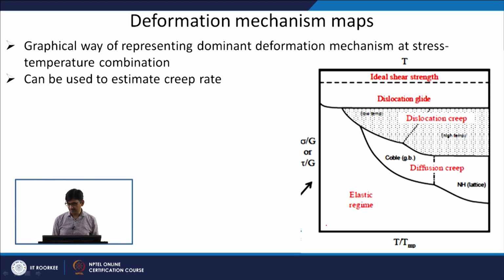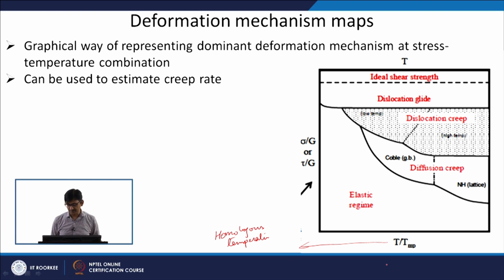So, you can see on the x axis we have plotted T upon T melting point. This is the melting point of that material, and when you express temperature like this, it is called homologous temperature: any temperature divided by the melting point.